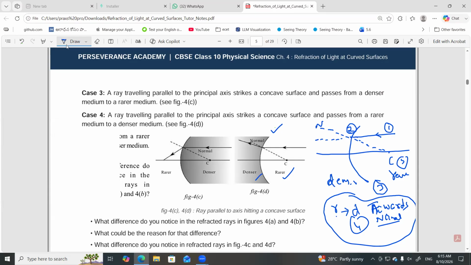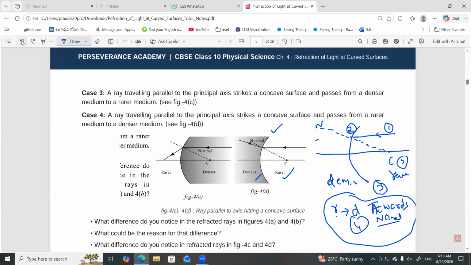Therefore, in which direction do I need to draw? Should I draw down? Should I draw up? Draw up, because the light ray is bending towards the normal. That is what you see here. So this particular concept is very, very important.